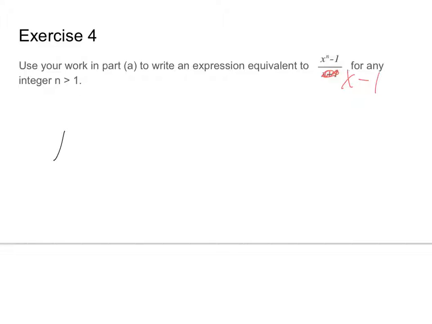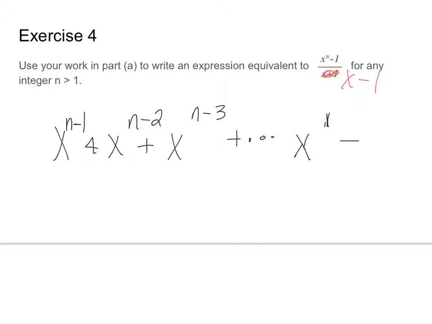We're going to do x to the n minus 1, x to the n minus 2, plus x to the n minus 3, plus as many terms as you want. We can say x to the first power plus 1, which is really x to the 0 power. Cool, we've just discovered our pattern.